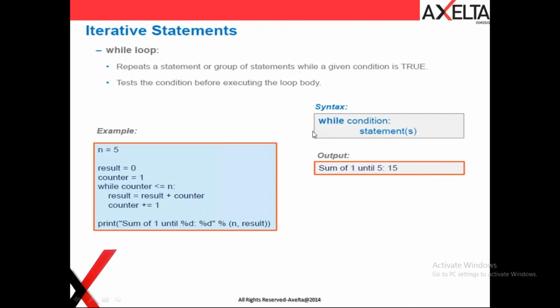Till the condition is true. Till the condition is true, it keeps on executing the block of statements which are there in the while block. Is it right? Yes. So this is something about the while loop.